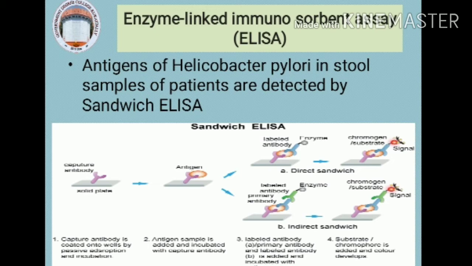If the individual is suffering from Helicobacter pylori infection, the antigen is attached to the antibody. The antigen is sandwiched between the two antibodies, the primary antibody and the secondary enzyme labeled antibody, and the enzyme converts the colorless substrate into a colorful product. Color indicates a positive test.